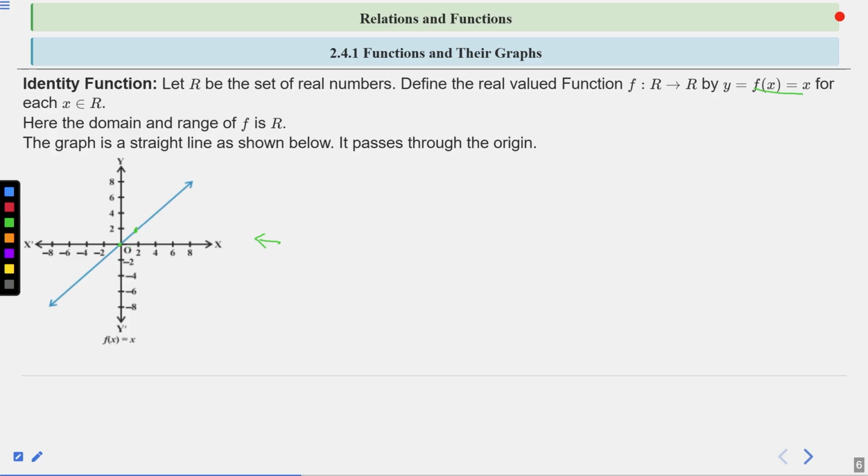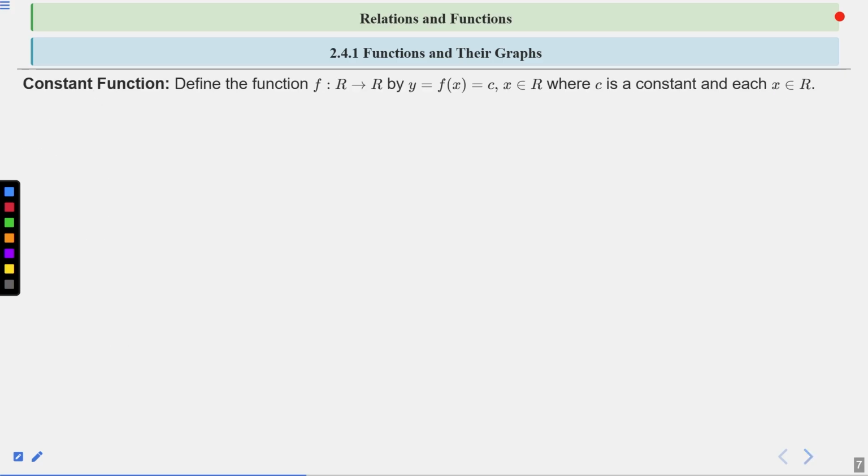The ordered pair (4, 4) will be here. Clear? Now, in order to get the complete graph, you just join all the points. You will get this line which passes through the origin as your graph for the identity function. Is it clear?